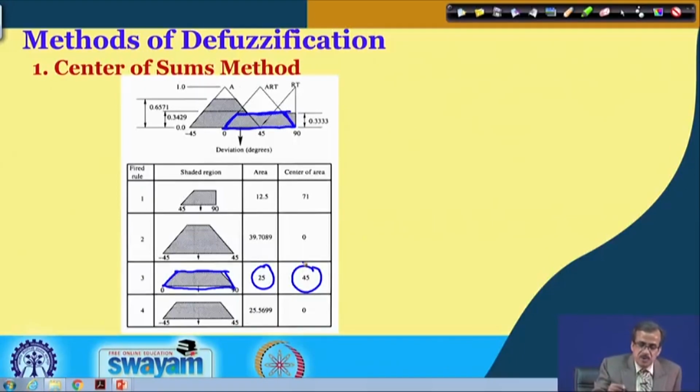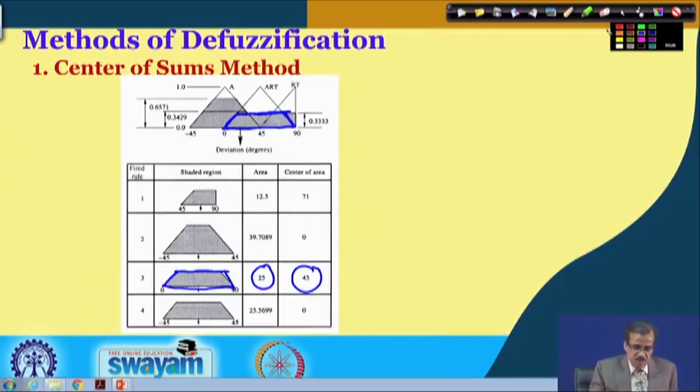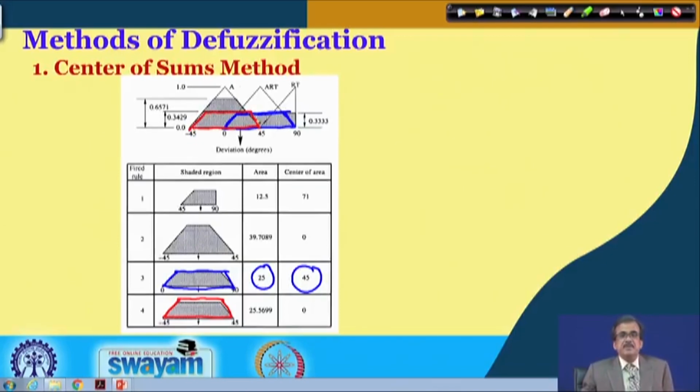And next we concentrate on another shaded area, which is something like this. So, for this particular shaded area, I can find out, following the same principle, the area and the center of area.